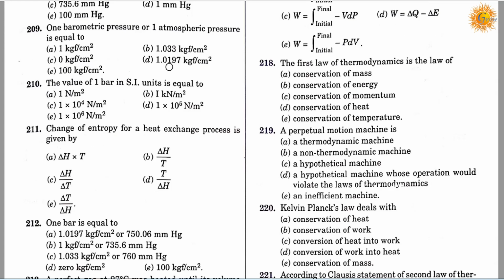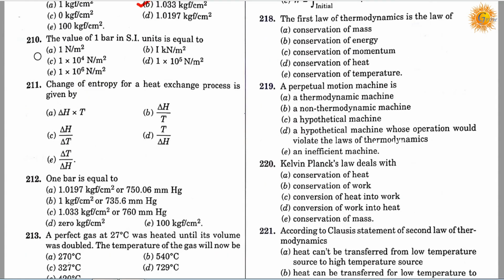Option D, 1.0197 kgf per centimeter square. Option E, 100 kgf per centimeter square. So correct answer is B. It will be 1.033 kgf per centimeter square.